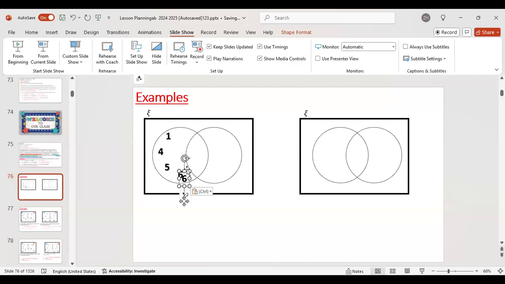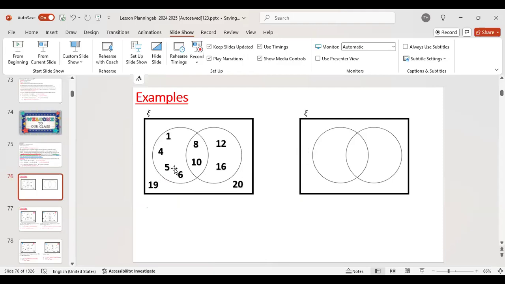Okay, and then we have 5, and then we have 6, and then we have 8, 10, 12, 16, 19, and 20.